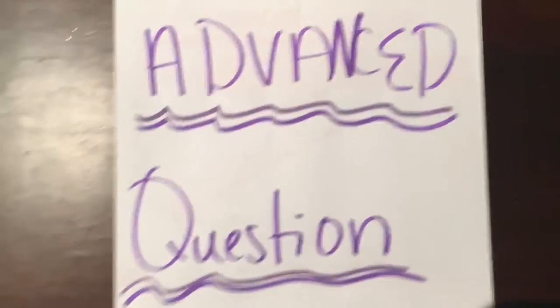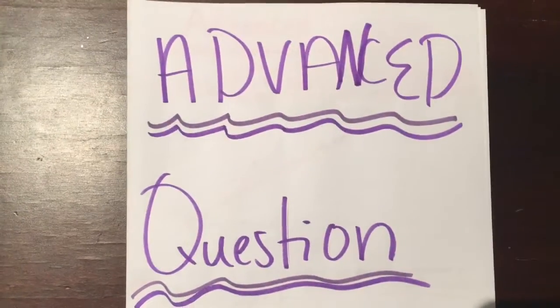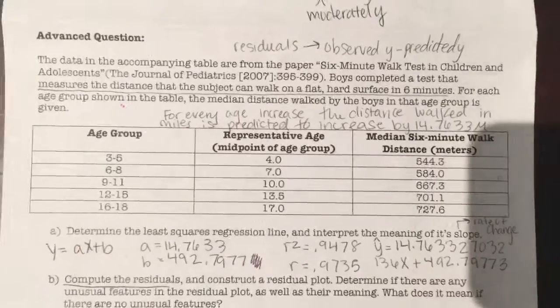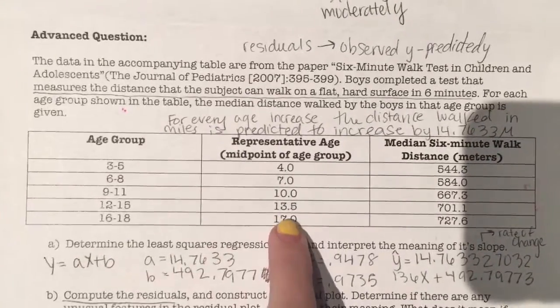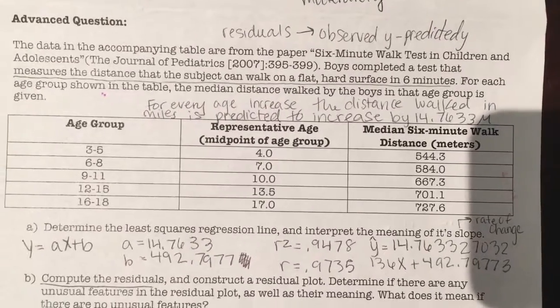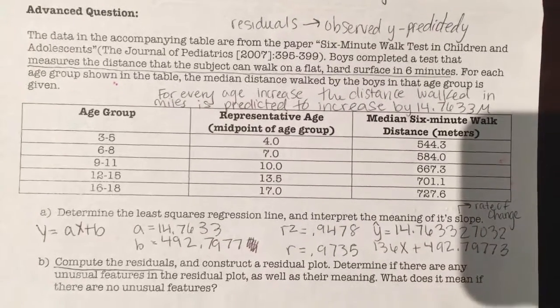For each age group shown in the table, the median distance walked by the boys in that age group is given. And here's the table that they give us. The X that we are going to be using is the midpoint of the age group, and the Y is the median 6-minute walk distance in meters.